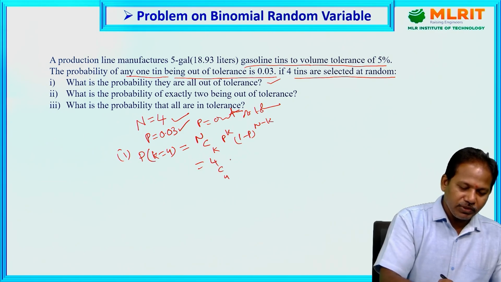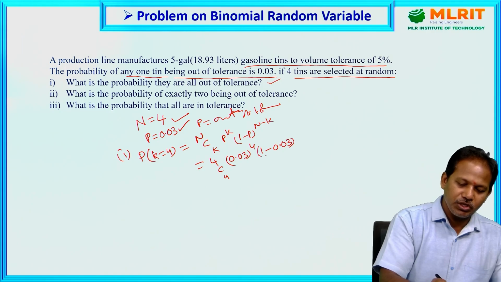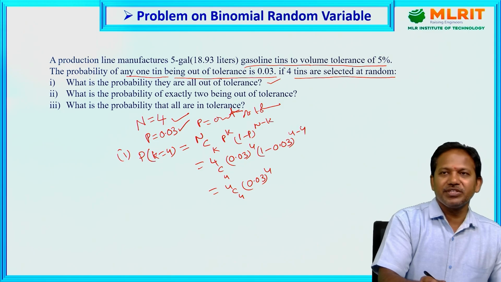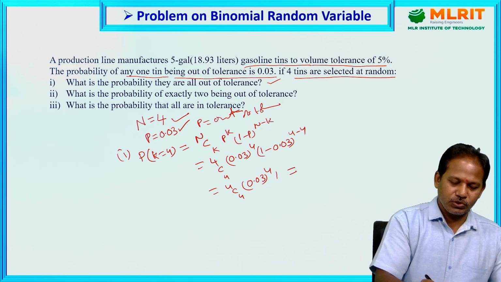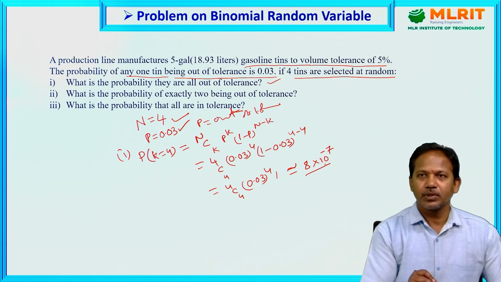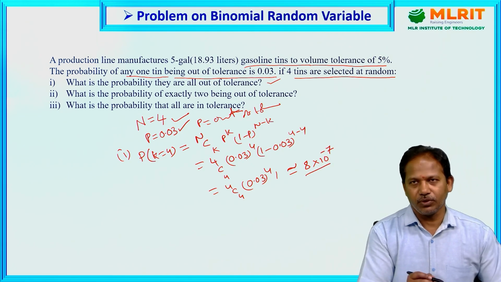What is the P value? 0.03 power 4, and 1 minus 0.03, that is 0.97, power 4 minus 4, that is 4C4, 0.03 power 4 into something power 0, that is 1. So it is approximately 8 into 10 power minus 7. So here 4 tins are out of tolerance.